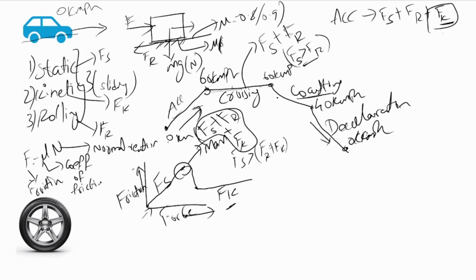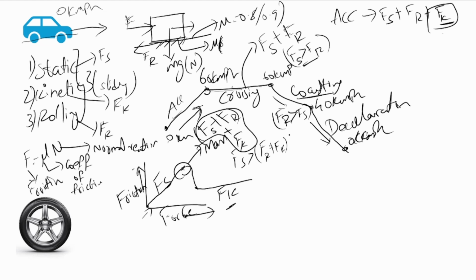Then comes your coasting. Here you are not transferring any power from the engine to your tires. So in this phase, rolling friction is the only dominant frictional force rather than static friction. Here there will be no static friction because there is no tendency or opposing force on the tire during coasting.